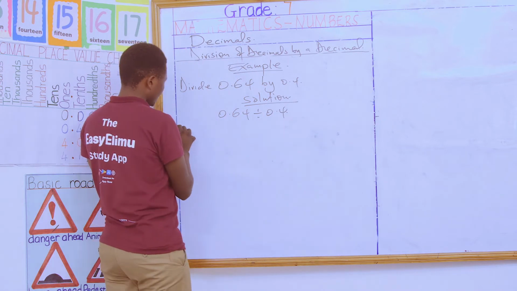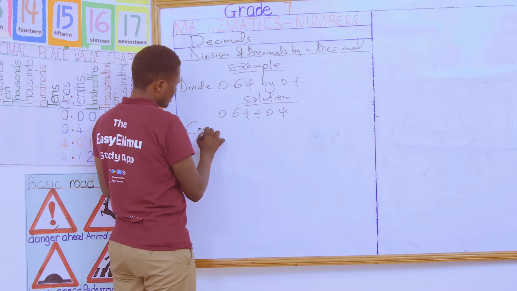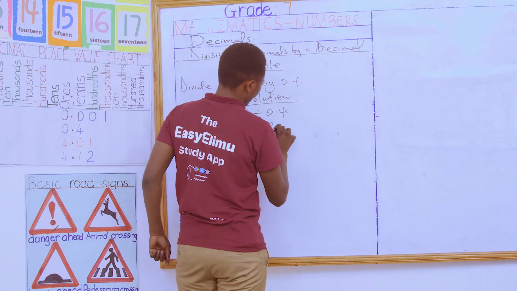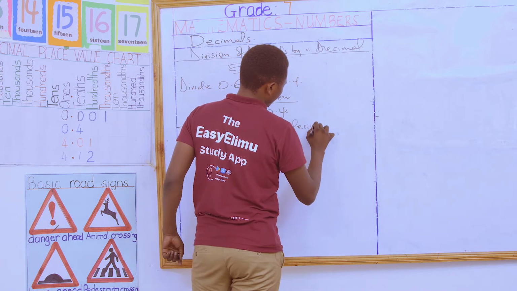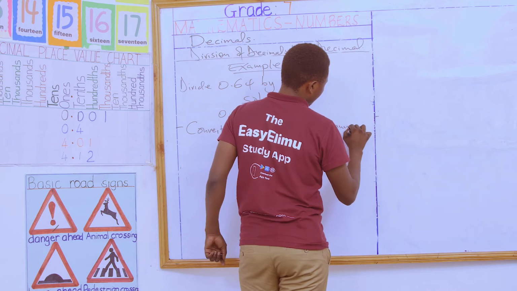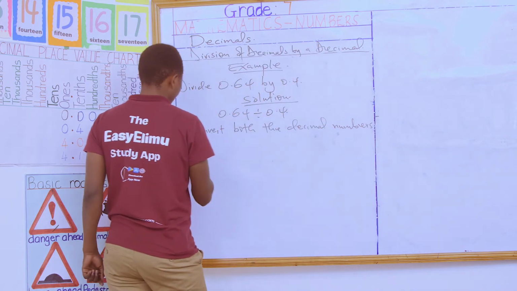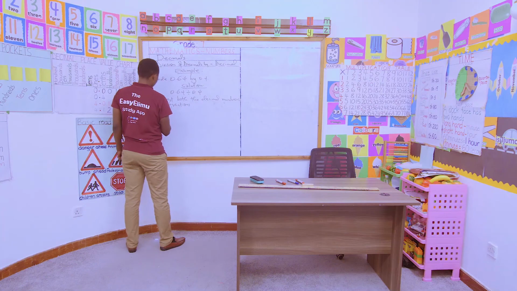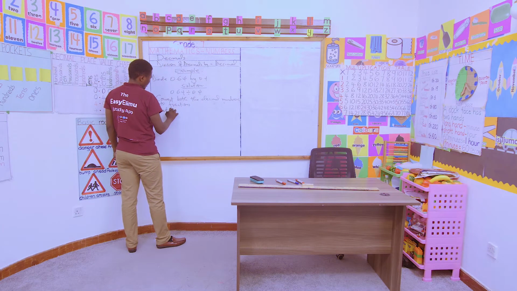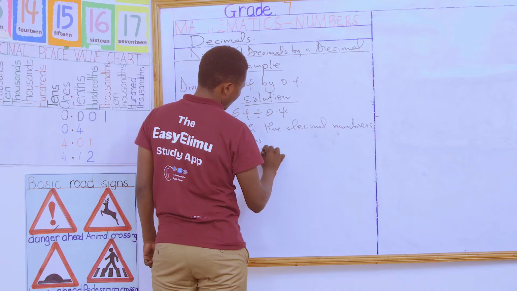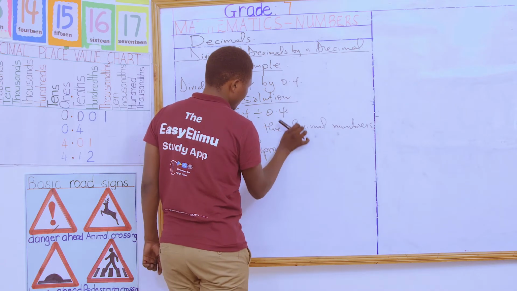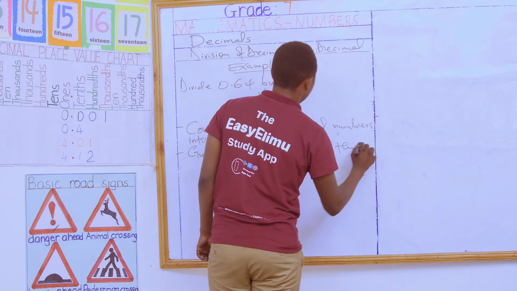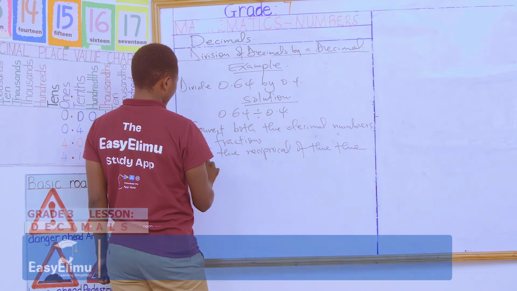Here, convert both the decimal numbers into fractions and get the reciprocal of the divisor.